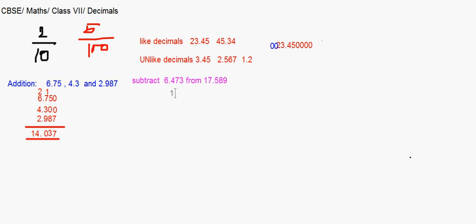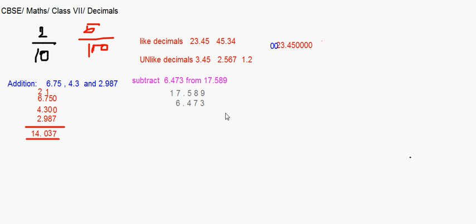I'll just be giving a little space. Now we have to write the decimal below. So before it, I have 6 here, and then we have 473. I don't have to add on a 0 because they are like decimals.